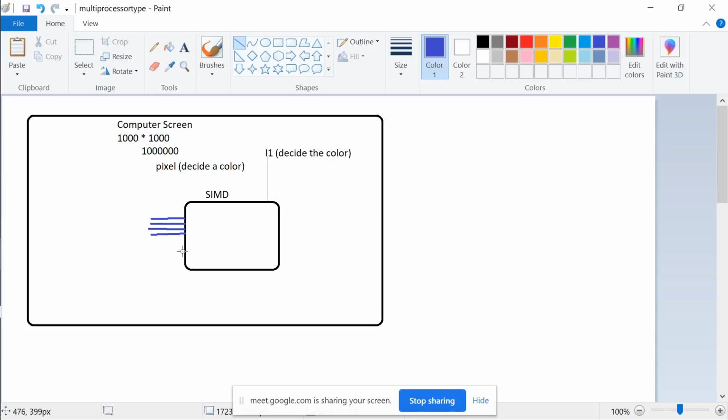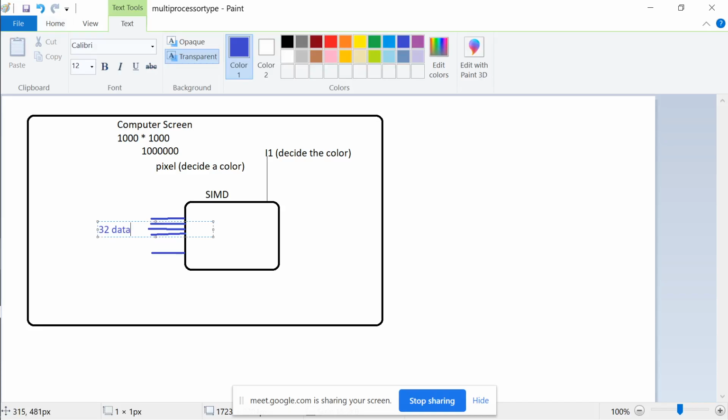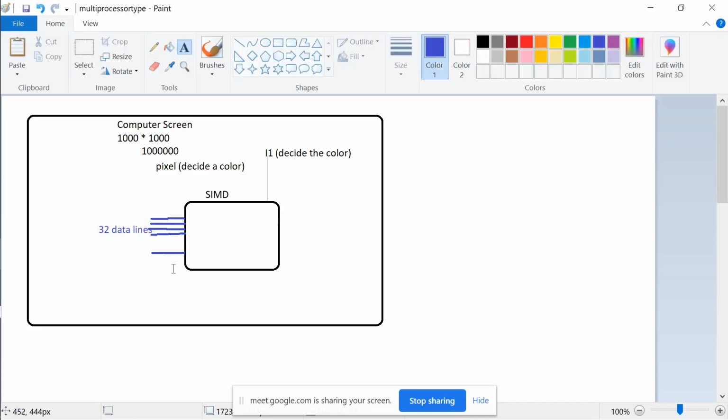It doesn't matter. But usually, let's assume it has 32 data lines. One instruction line, but 32 data lines, so I can calculate the pixel for 32 pixels in one go. And of course there will be an output for 32 lines.